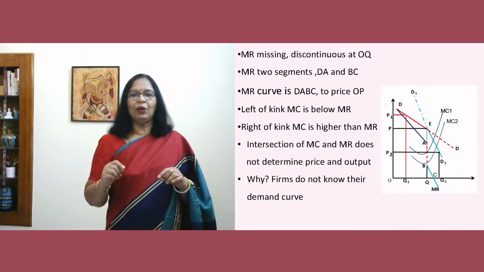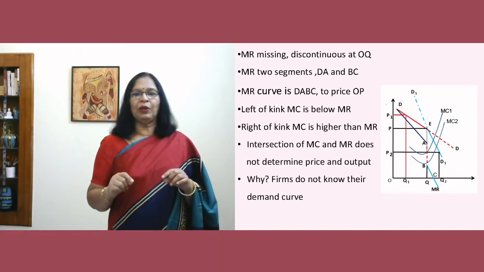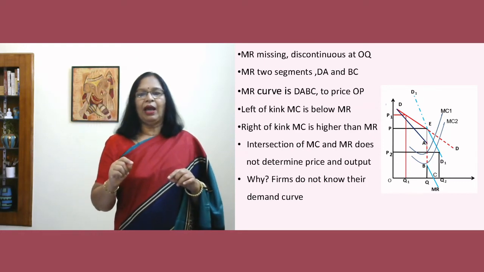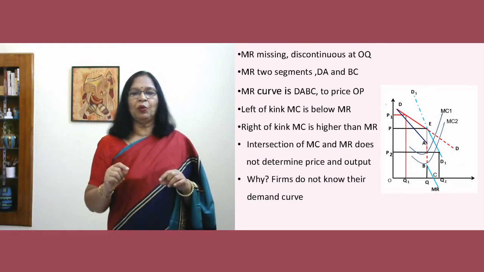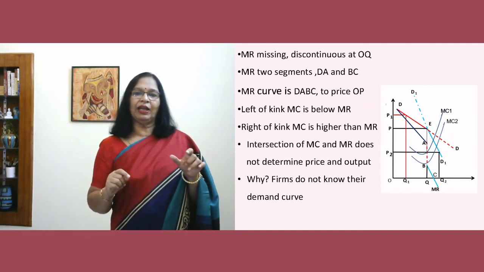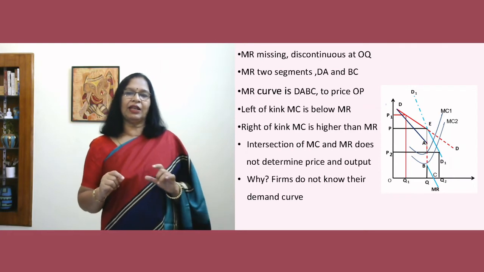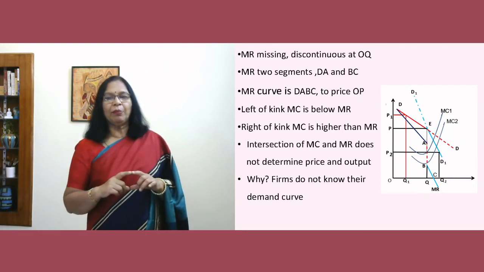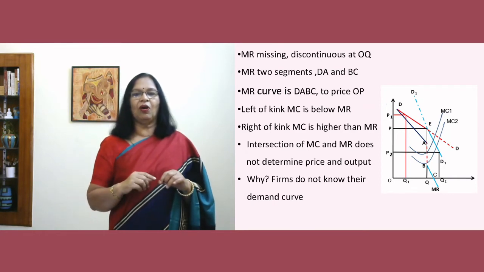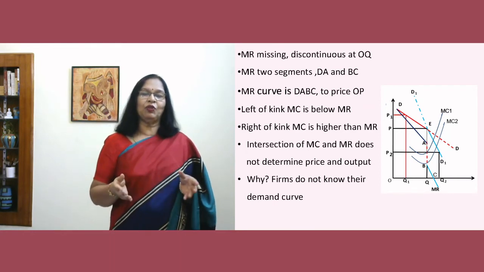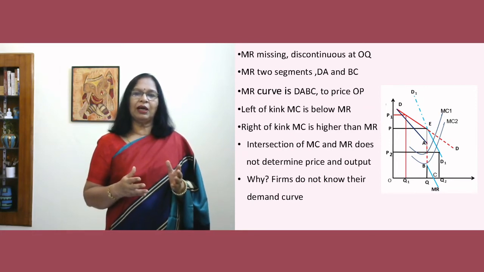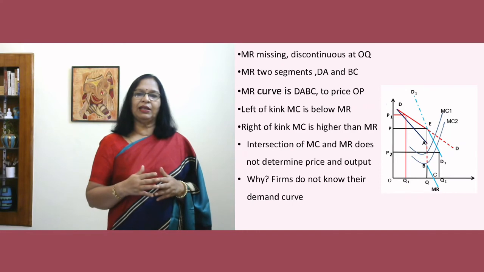This ED1 demand curve is blue in color, and its revenue curve is blue in color, which is BC, and the demand curve there is D, and its revenue curve is DA. So in between A and B, there is a discontinuity, which is where the marginal revenue curve disappears. So the two segments are separated by this vertical distance.